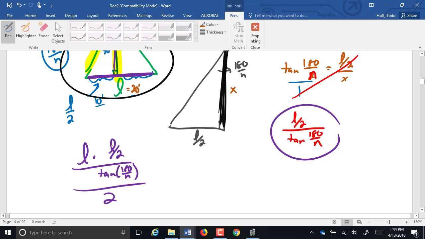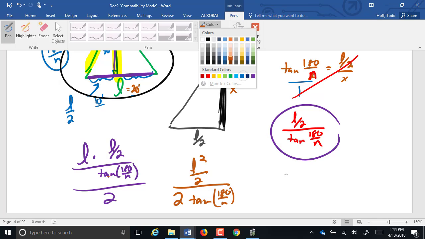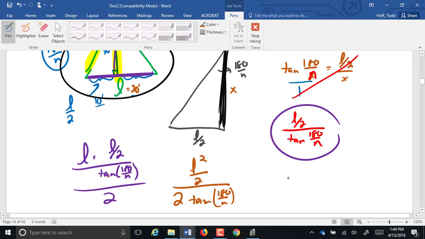First of all, L times L over 2, that's L squared over 2. Divided by 2, we're going to put a 2 on the bottom as tangent of 180 over n. I can combine this with this 2 here to make this L squared over 4 times the tangent of 180 over n.